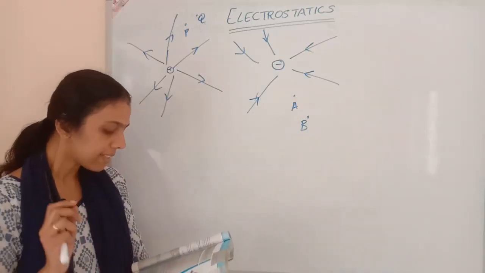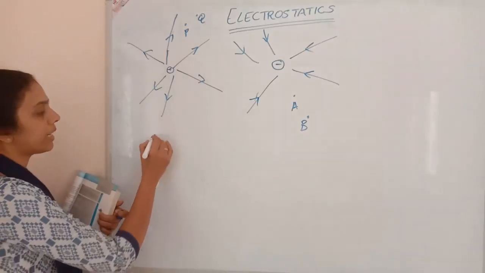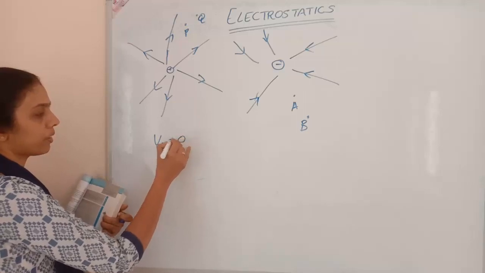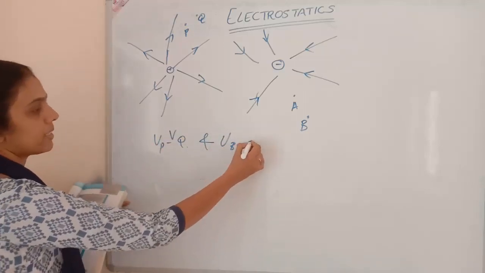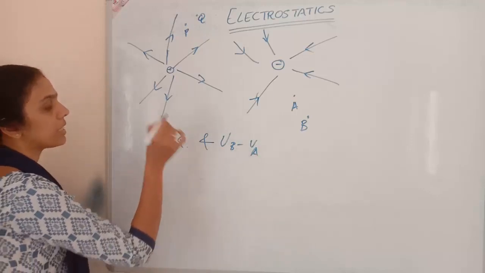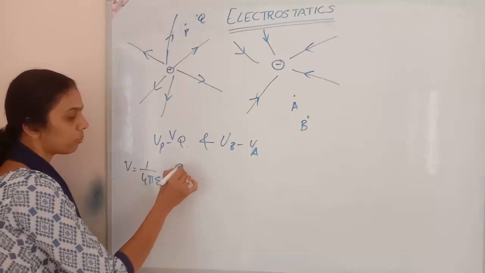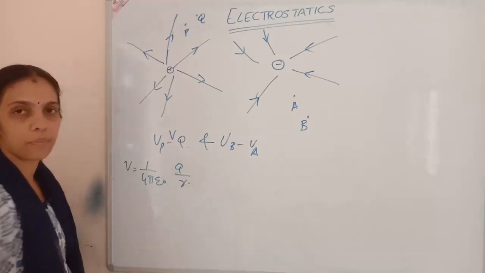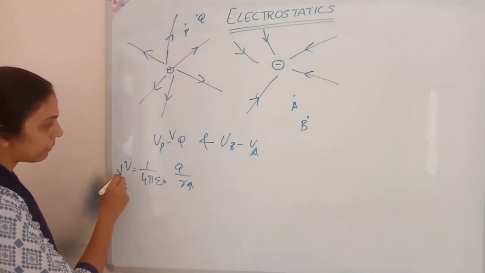Give the signs of the potential difference Vp minus Vq and Vb minus Va. Potential V is equal to 1 by 4 pi epsilon 0 Q by R. This is the formula, right? So as distance increases, what will happen? V will decrease.